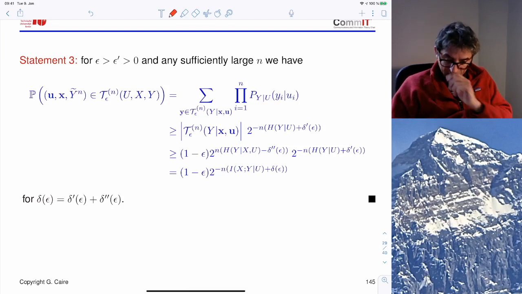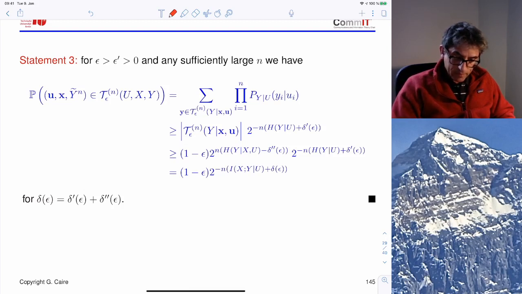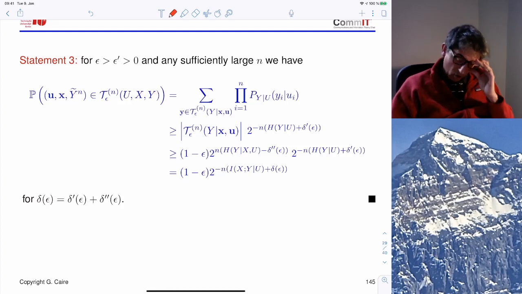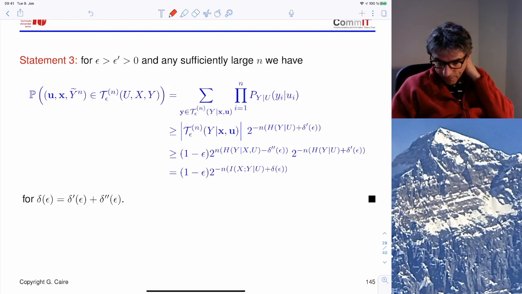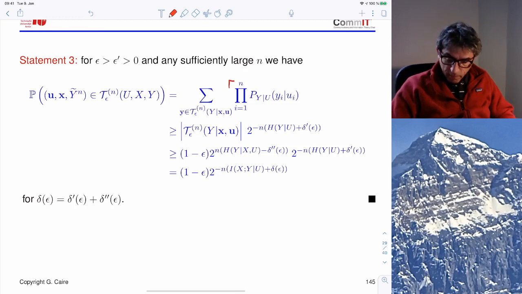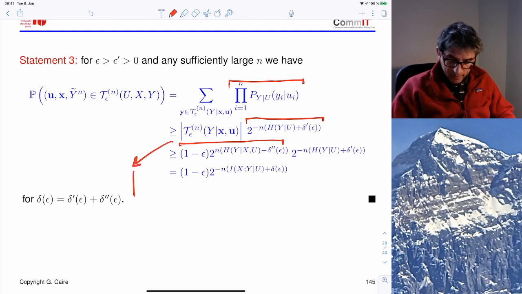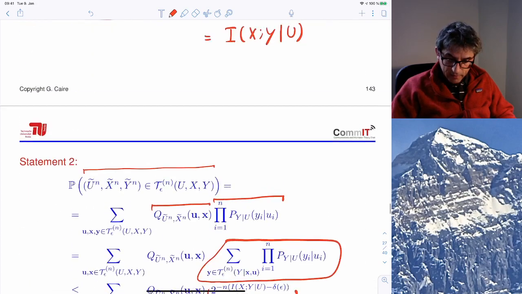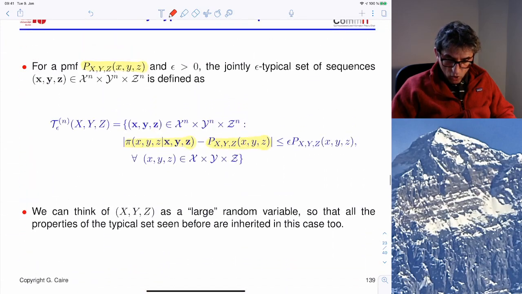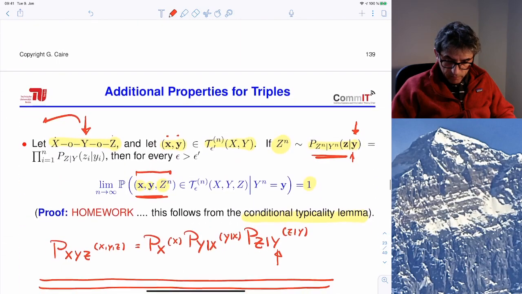Because we have that u and x are epsilon prime typical, we are exactly in the situation of the conditional typicality lemma, for which each of these probabilities is now lower bounded by this quantity, and the size of this conditional typical set of y given x, u is also lower bounded by this quantity, and this is exactly the statement of this additional property.